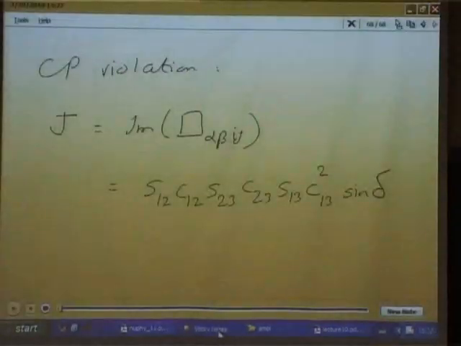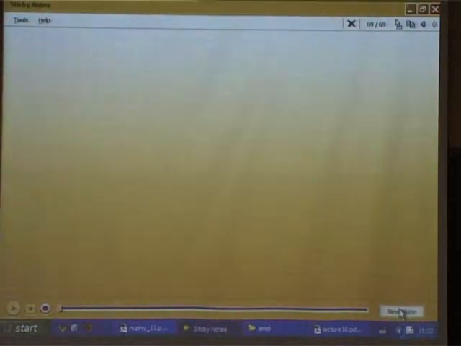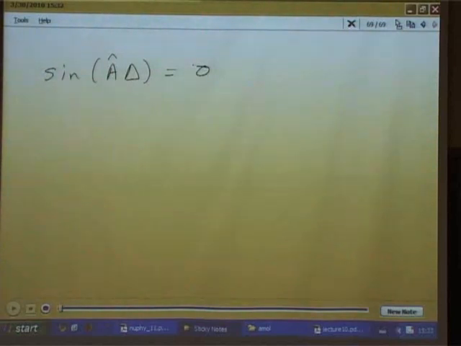Of course, we can try to get anything, but it should be possible. So what does sine of A hat delta equal to 0 mean? A hat was BC divided by 2 times delta 31.